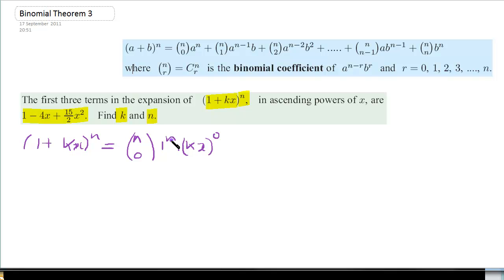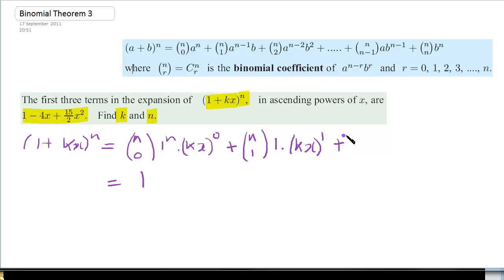We know that 1 to all powers is 1, nC0 is 1, and kx to the 0 is 1. So actually we get the first term 1, which is what we hope to get because that's what we're trying to achieve. So plus nC1 of 1 to the n minus 1, which is 1, times kx all to the power of 1.